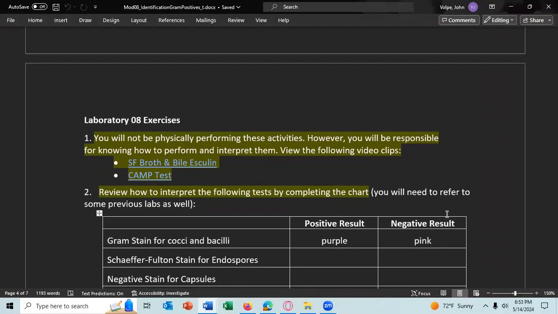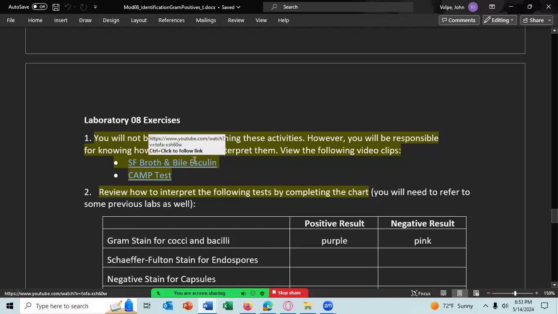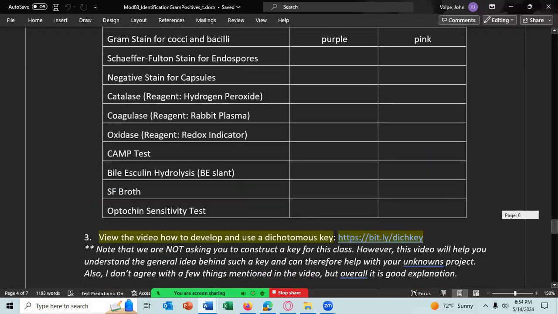We have 2 video clips on both the SF broth test and the bile-esculin test in the first video, and then a second video showing you the CAMP test. So watch those videos before doing the lab, and then review how to interpret the following tests by completing the chart. And I believe we should go to the worksheet now.